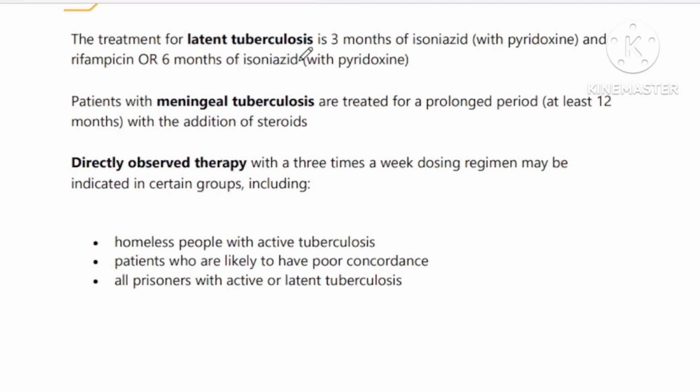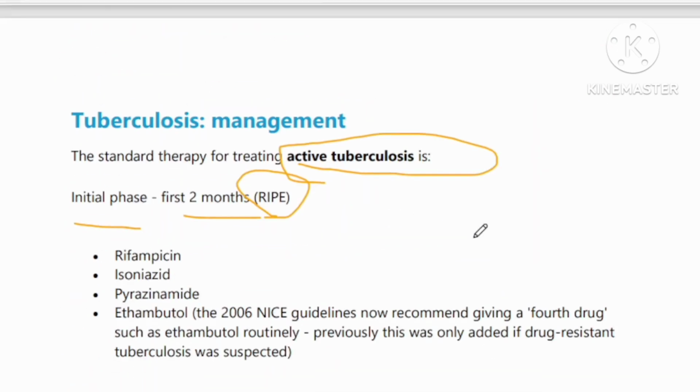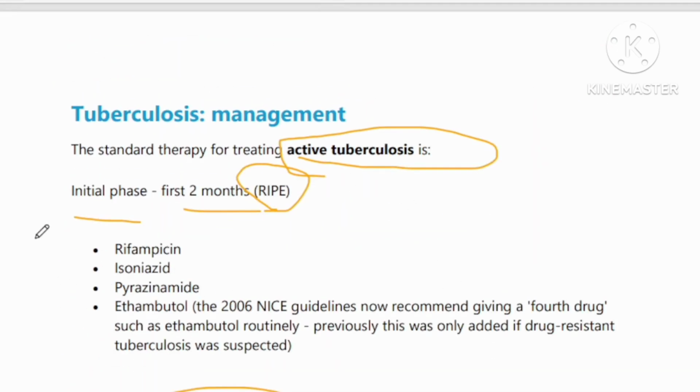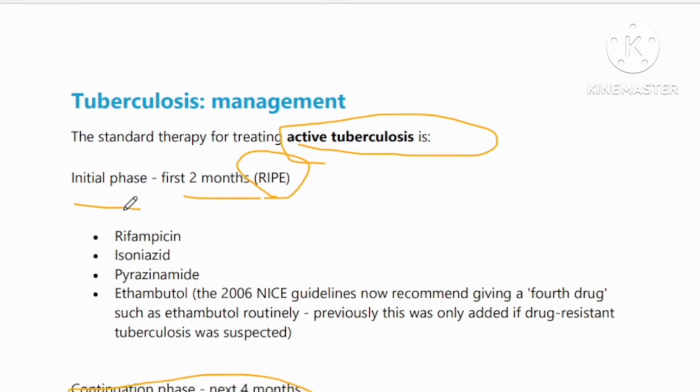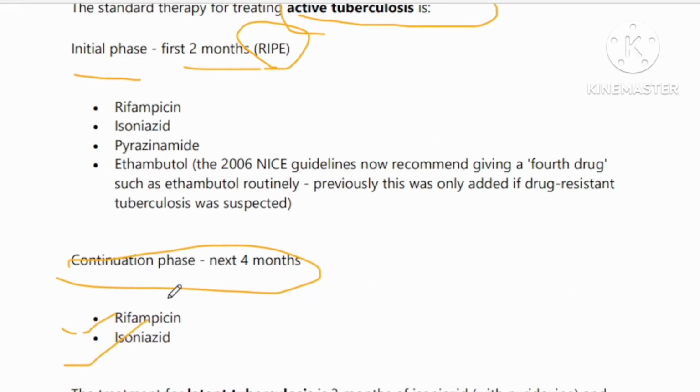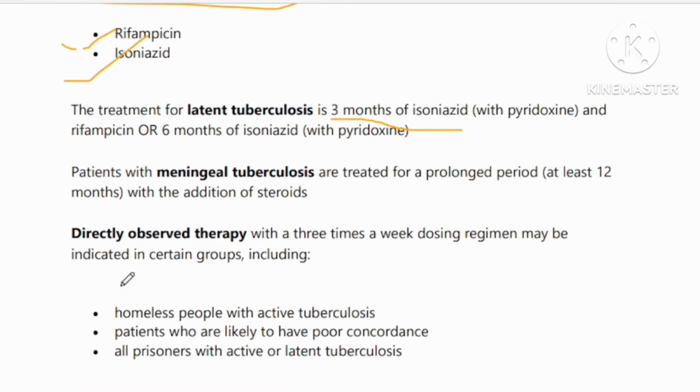For the treatment of latent tuberculosis, first 3 months of isoniazid. Okay, this is the treatment of active tuberculosis. In the initial phase, in the first 2 months we give the 4 drugs, and for the continuation phase we give the main drugs, rifampicin and isoniazid. And this is the treatment of latent tuberculosis.